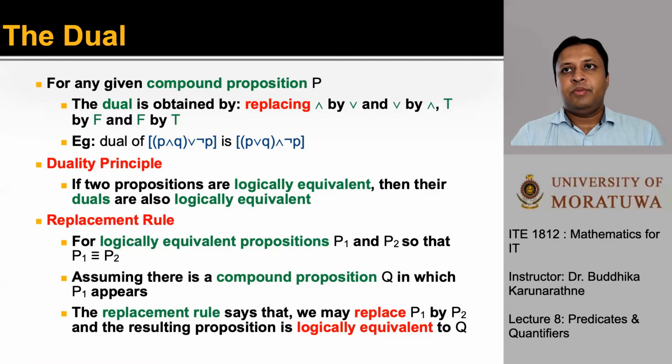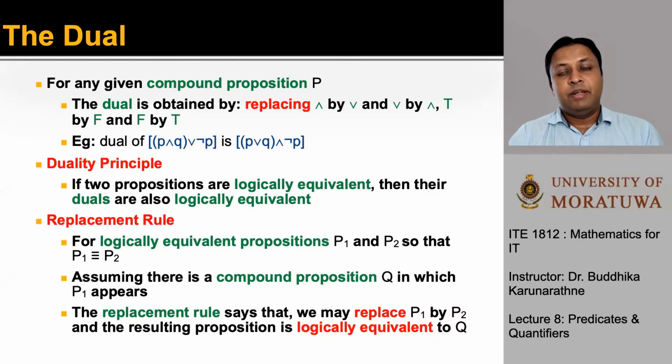And next one is the duality principle. So if two propositions are logically equivalent, then their duals are also logically equivalent. So that is the duality principle. And next is the replacement rule.